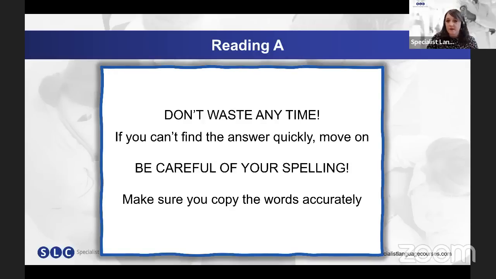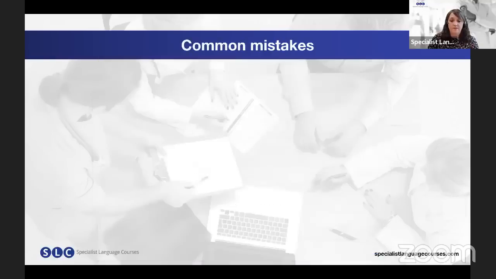But if you spend a long time on a question, then you'll be wasting time that you just don't have in Reading A. Make sure you're careful of your spelling and make sure you copy the words accurately. If you find the right word but you copy the spelling incorrectly, then you may not get a mark for that particular question.